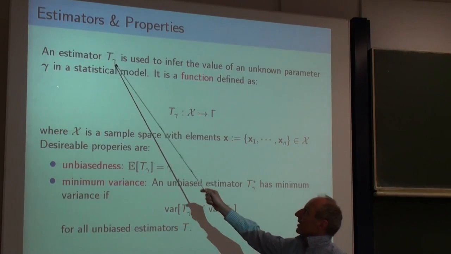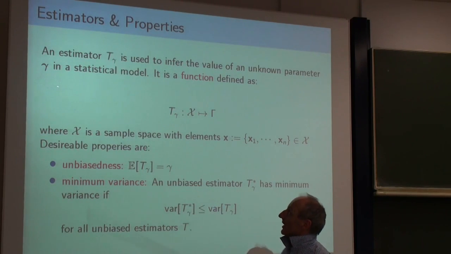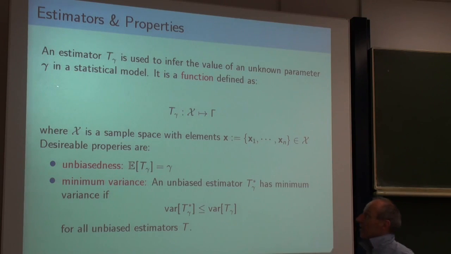Now here we talk about an estimator T gamma, which is used to estimate some unknown parameter gamma. I mean, we may want to estimate the expected value, for example, of a distribution, or the variance, or some other quantity.